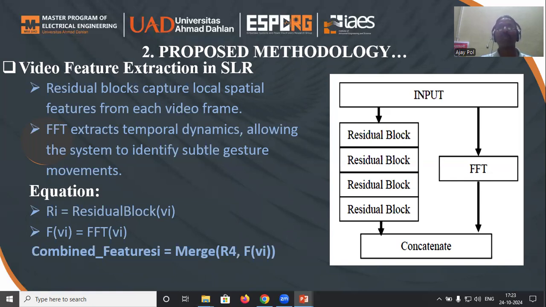So, the training model using video feature extraction. The input to the system is the video sequence of sign language gestures. These videos are processed to extract the features using a combination of a convolutional neural network and a fast Fourier transform, FFT-based hybrid model.